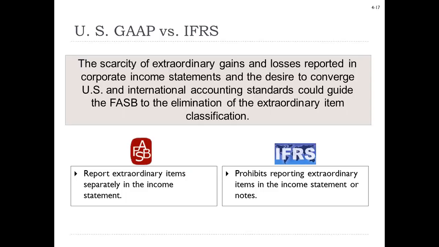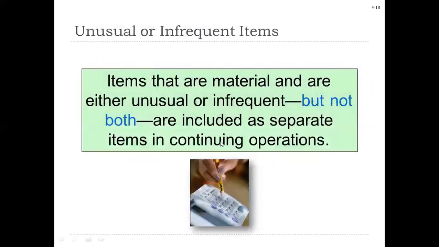That gain or loss is included in operating activities. Okay, so as I indicated here, if it is one or the other, unusual or infrequent, but not both, then it goes into the continuing operations section and is not shown as an extraordinary item separately on the income statement.